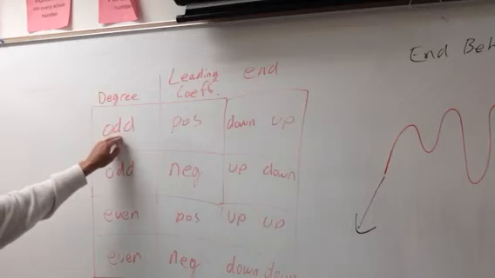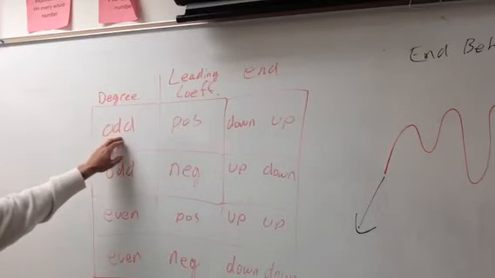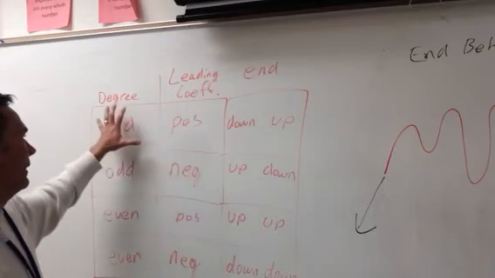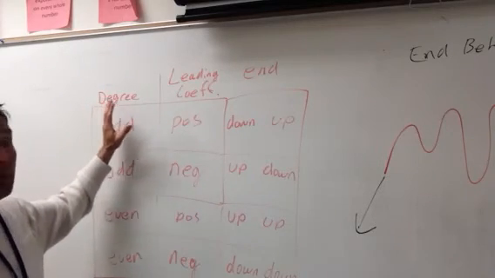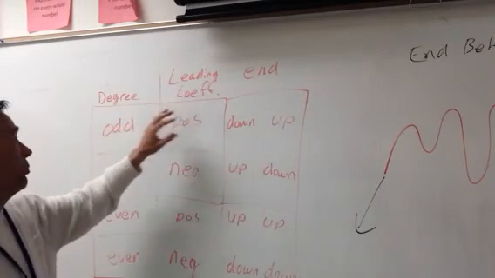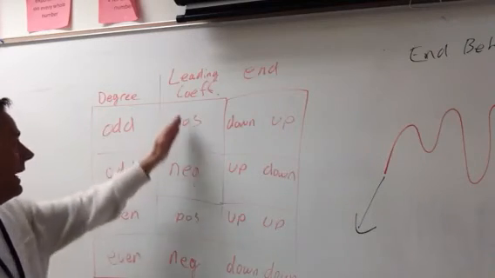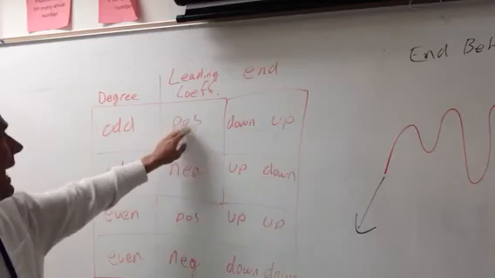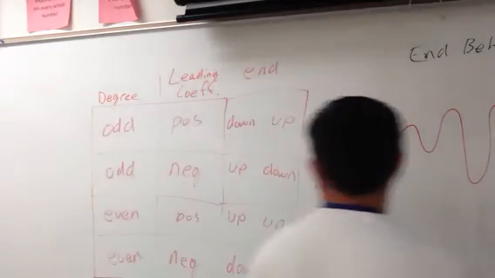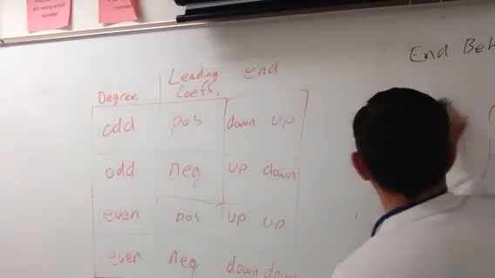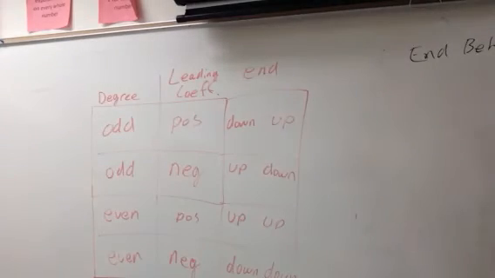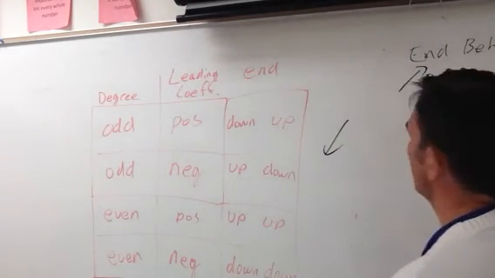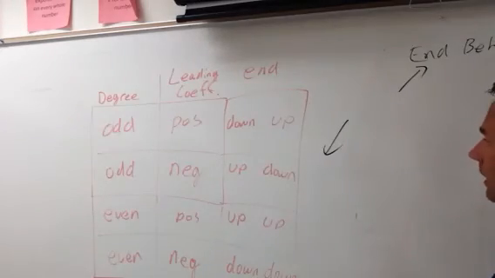If our degree is odd and the leading coefficient is a positive number. Again, what the numbers are does not matter. We just want to know if it's odd or even and if it's positive or negative. If the degree is odd and it is positive, it will end going to the left, down, and it will finish going up.